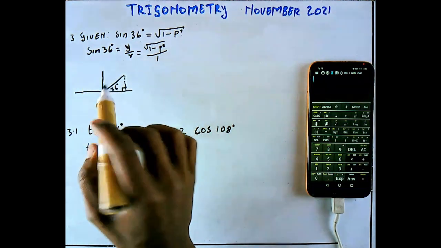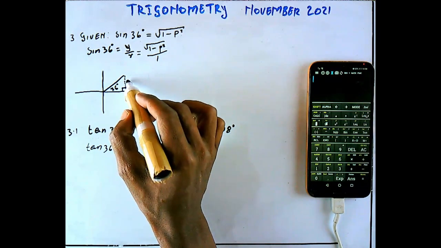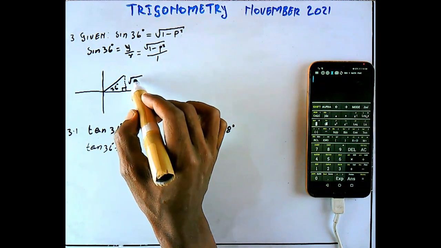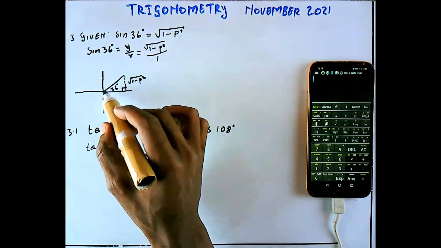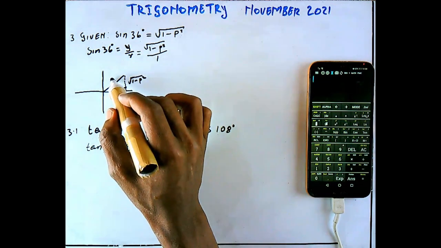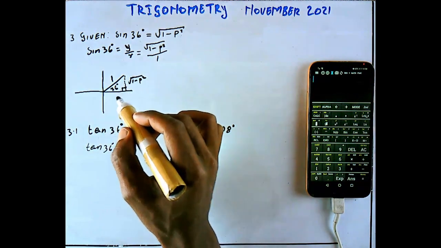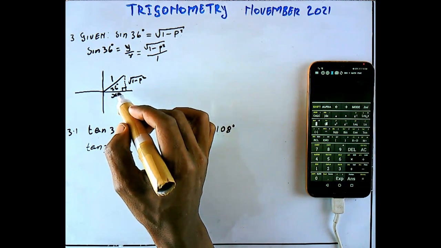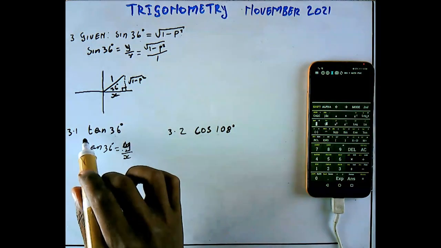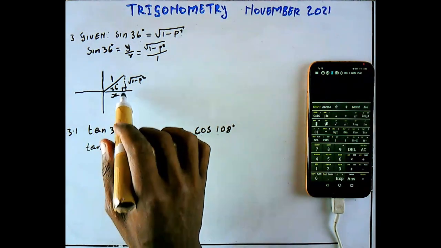So sine is opposite, so opposite to this angle is the square root of 1 minus p squared, and then opposite over hypotenuse. This is 1. The hypotenuse, the longest side of a right angle triangle, is 1. Then we don't have an x. So for us to be able to solve tan 36 degrees, we must have x. So we have to find x.